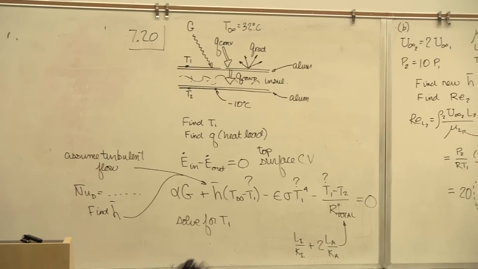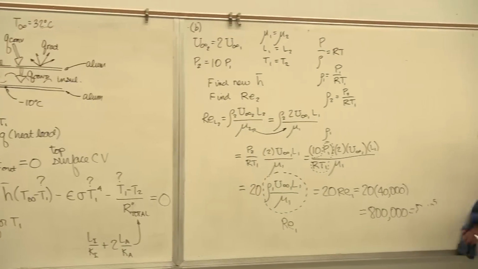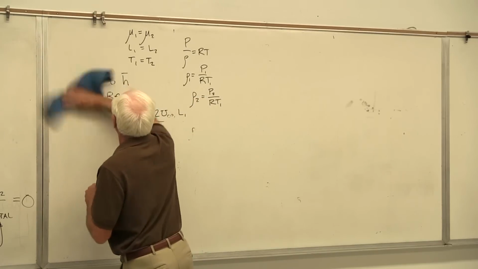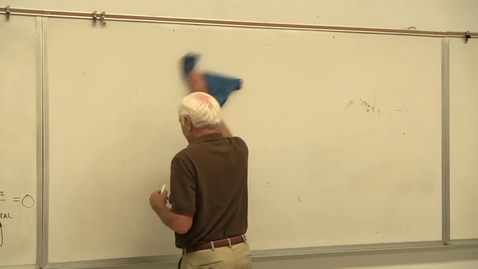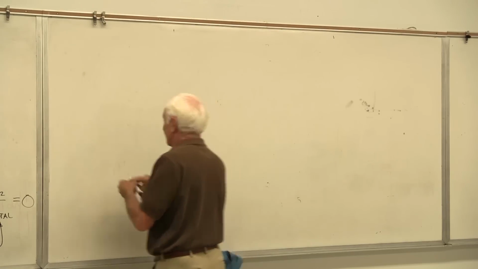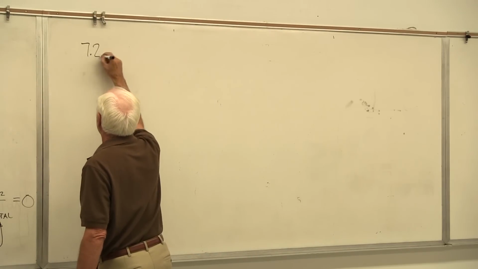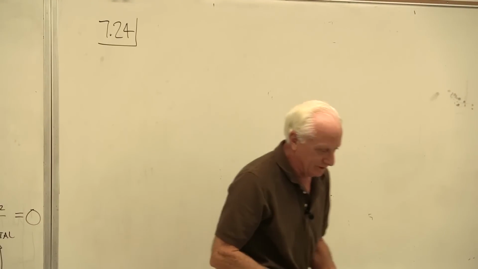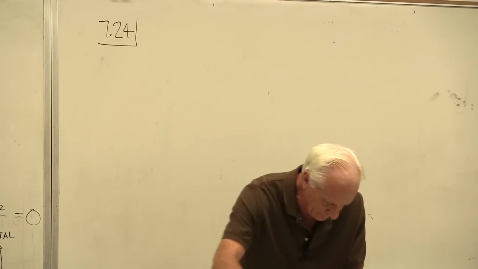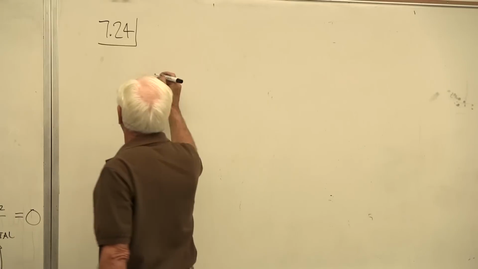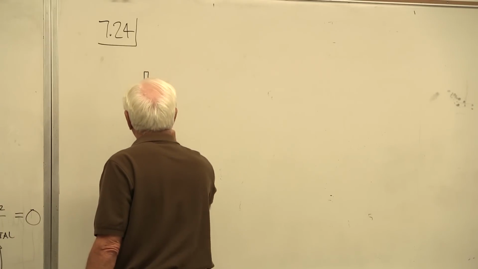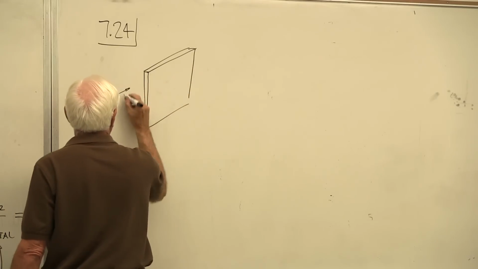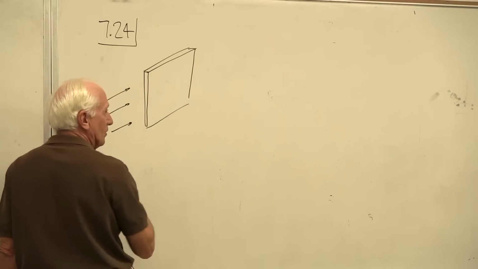All right, let's look at 7.24. 7.24 is steel plates. We know it's AISI, whatever it is, 1010. So we have these steel plates. They look like this, and the air blowing over them like this.